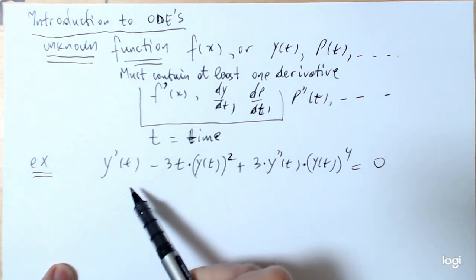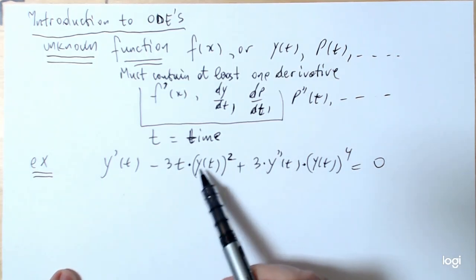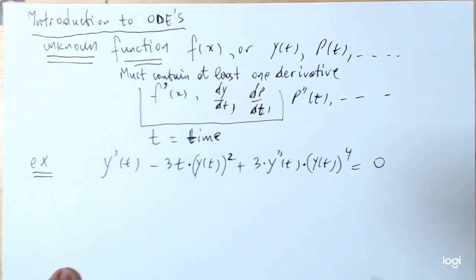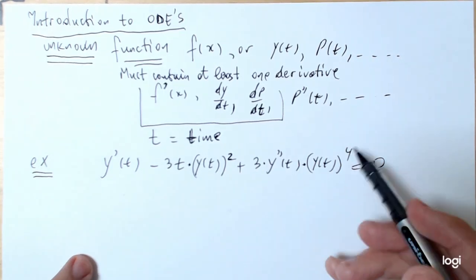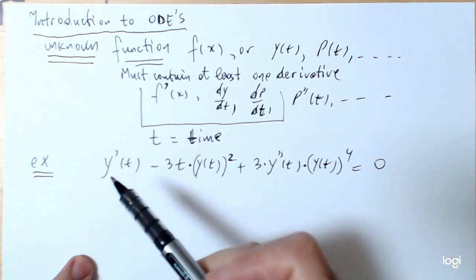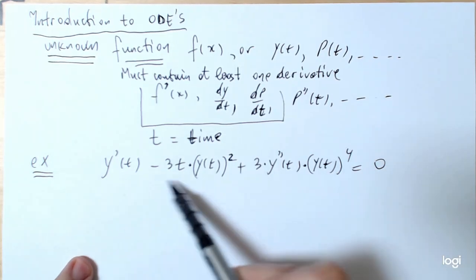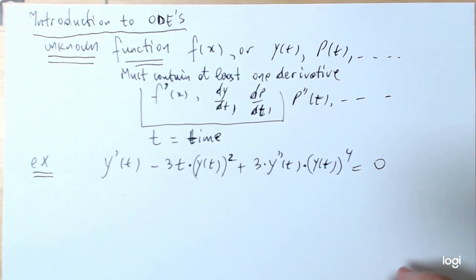Just to give you an example why the convention is made to not mention the argument of the function all the time. It's just a matter of convenience, because if I write the function explicitly, y of t, y prime of t, every time y appears in the equation, there are just too many parentheses to track, and it becomes really tedious and not really necessary.